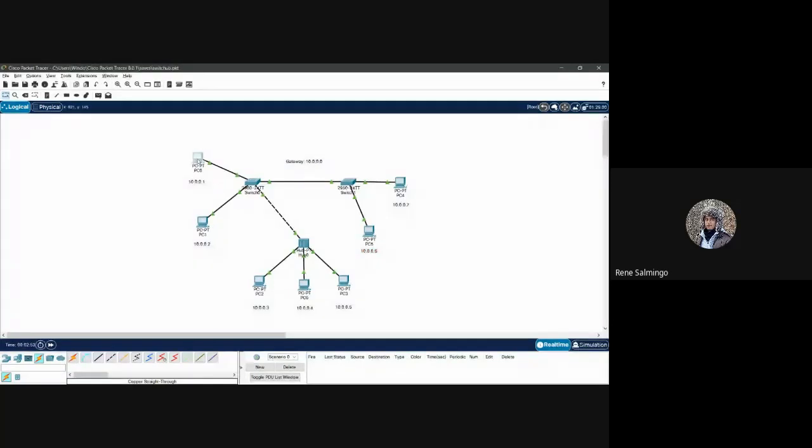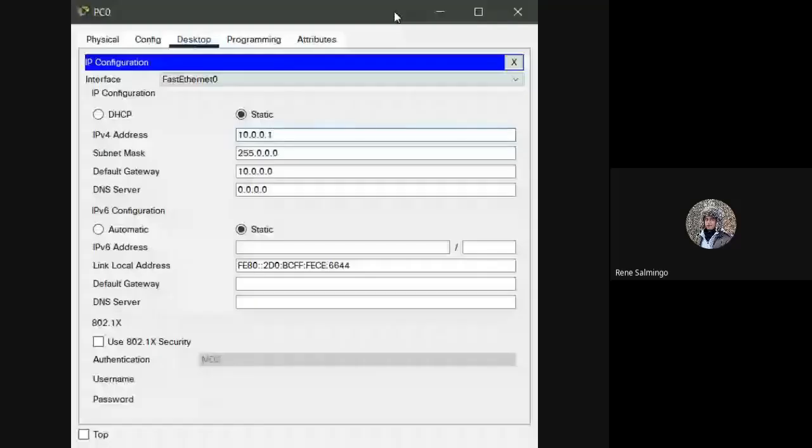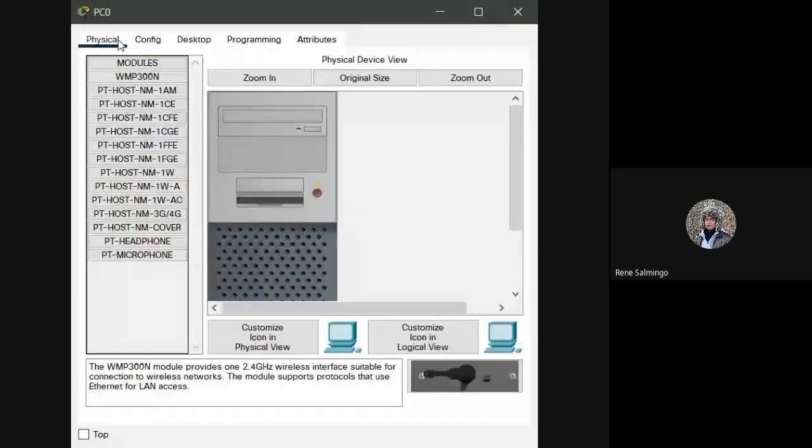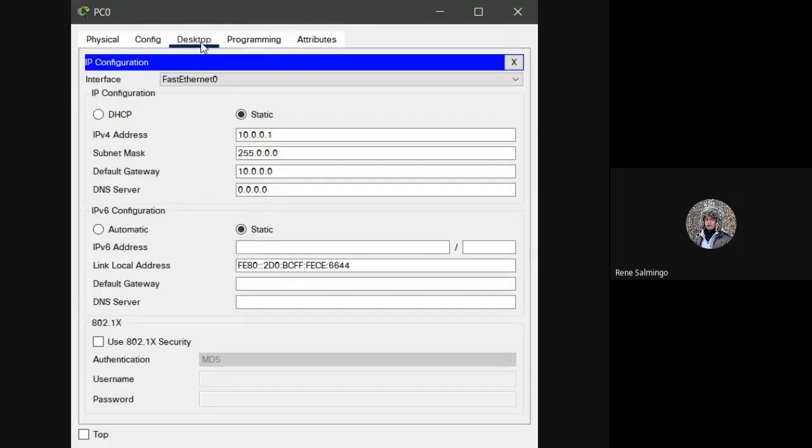So you click. Sorry, I will change because you cannot see the window, I think. So once you click the window, this first tab will appear. Then you will know your gateway is this one, and your desktop. This is manually set up.